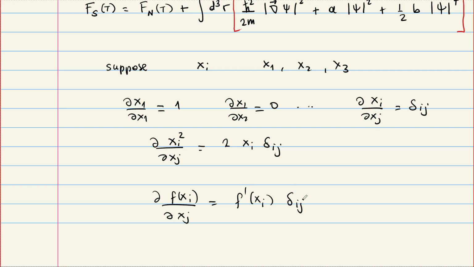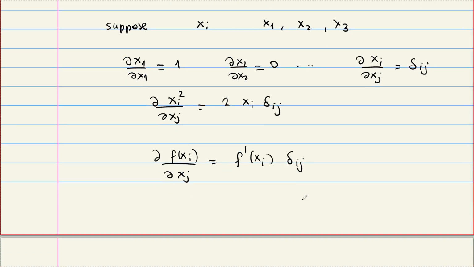Good. Now we can think about this with psi of x, but it can also depend on y and z. So we can think about this on a grid, psi of x1, psi of x2, dot dot dot, psi of xn.